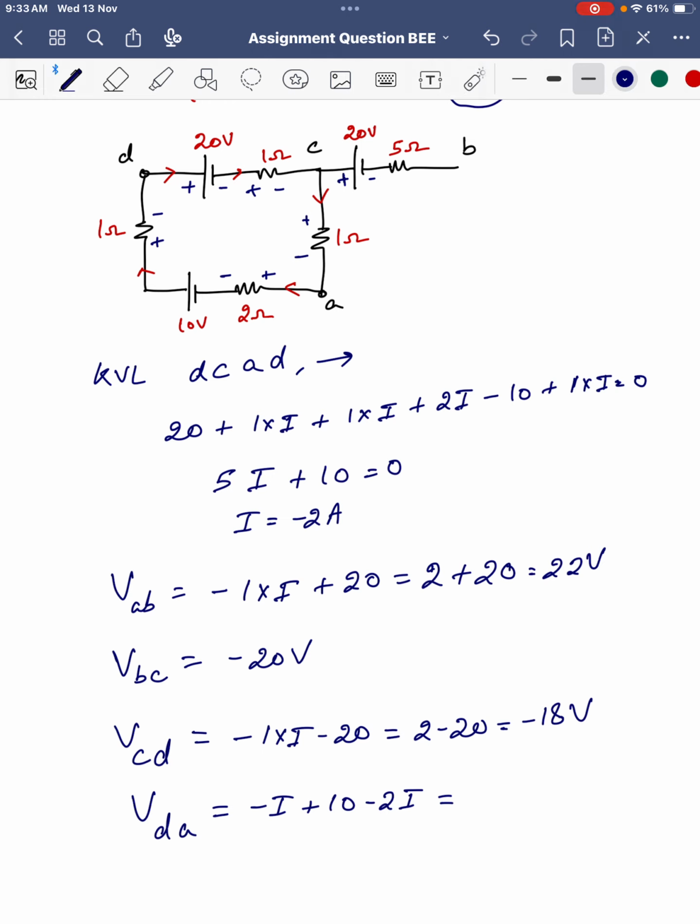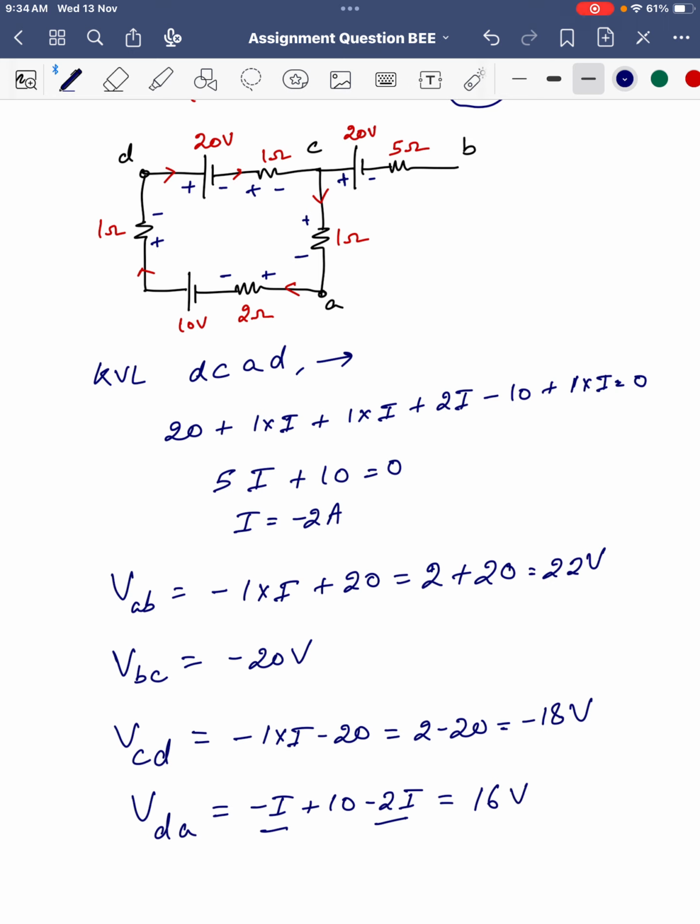So total 5. Plus 10. Just a minute. Here one mistake. This is not 5. The other it is this is 4, and this is 2. So 6. So total is 16 volts.